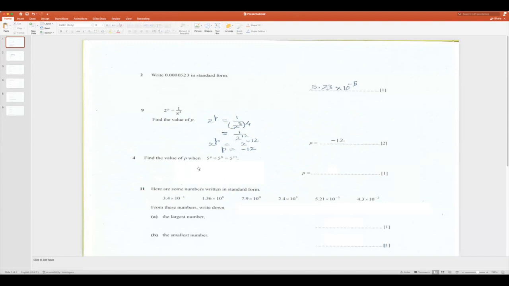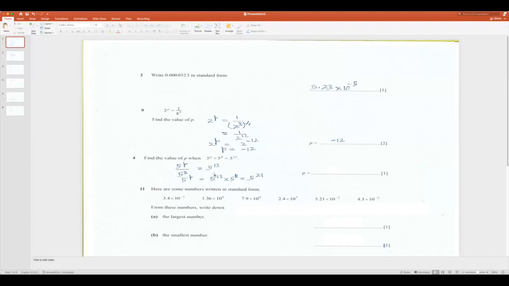So it is in same base. We can take p equals minus 12. Find the value of p when 5 to the power p divided by 5 to the power 8 equals 5 to the power 13. So here this division, then we know the powers are subtracting. Then we can write this as p minus 8 equals 13, because the base is same. We can take this 5 to the power 8 this side, then it is becoming multiplication.